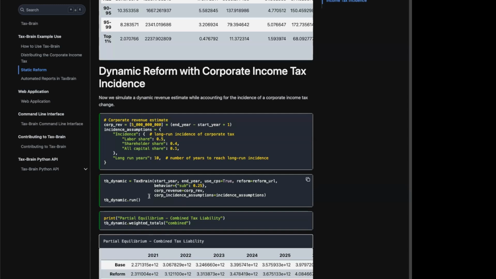And what are shown here is just weighted totals of the income tax liability across years. Okay, and so we've got kind of our table of revenue estimates over the budget window. We could probably do a better job formatting this and put it in billions, say. But this is going to now include the effects of that corporate income tax.